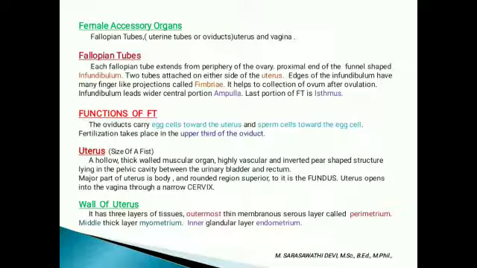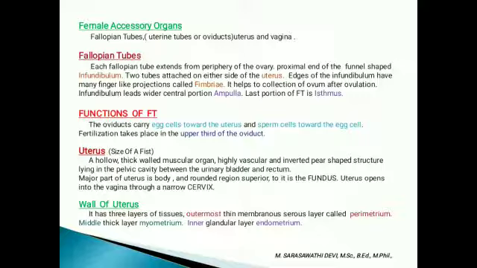The proximal end of the fallopian tube is funnel shaped and is known as the infundibulum. The two tubes are attached on either side of the uterus. The edges of the infundibulum have many finger-like projections called fimbriae. They help in the collection of the ovum after ovulation.